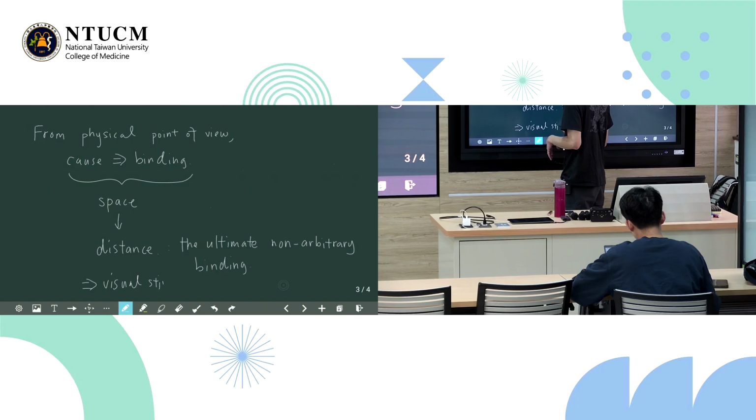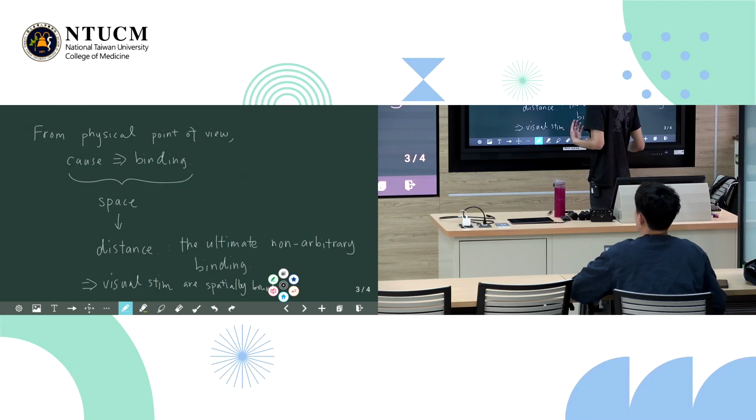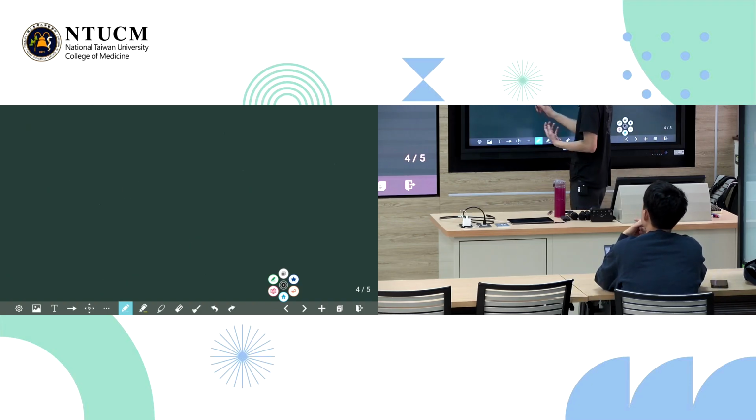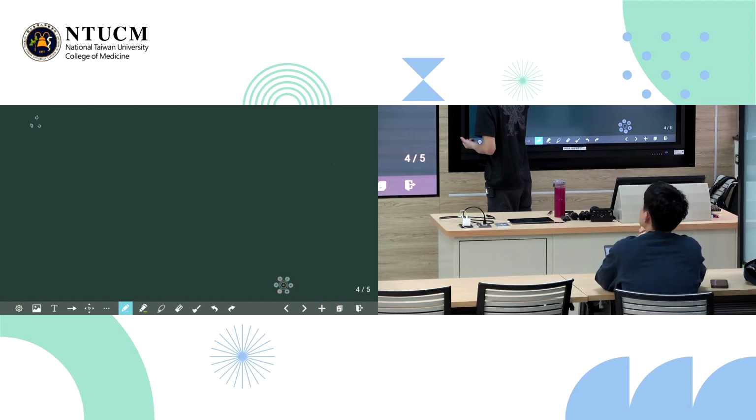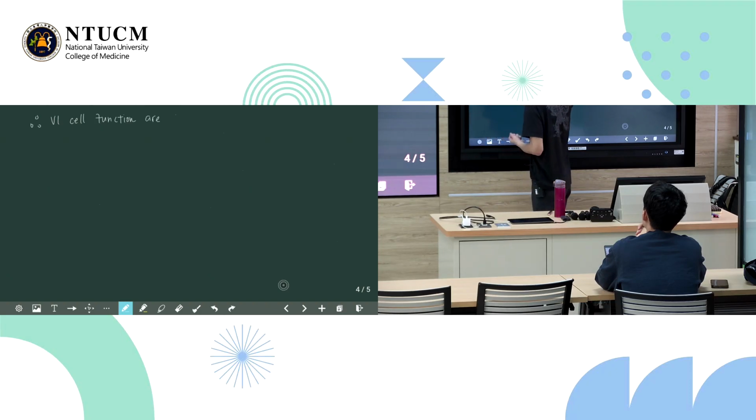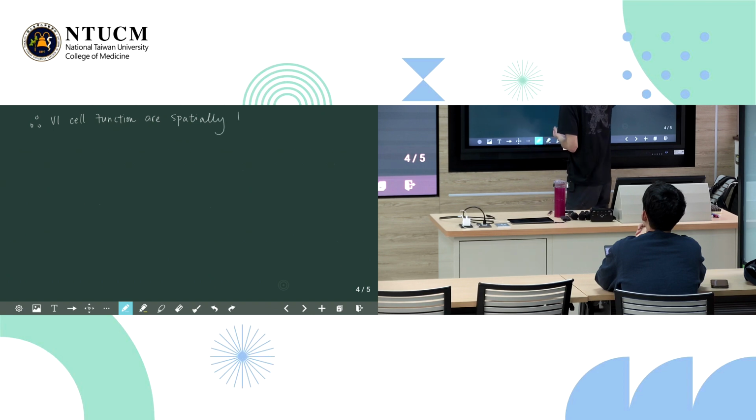by definition, visual stimuli are spatially bound. Therefore, the V1 cells' function is spatially bound too.